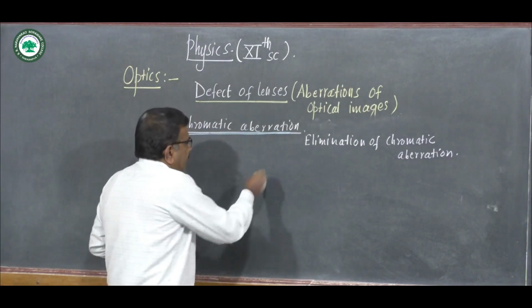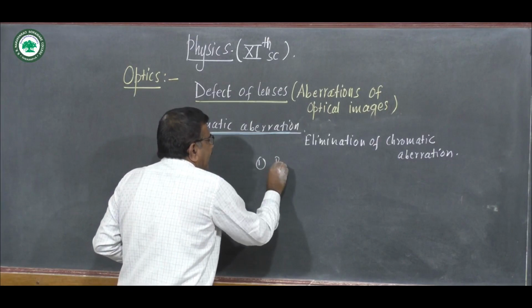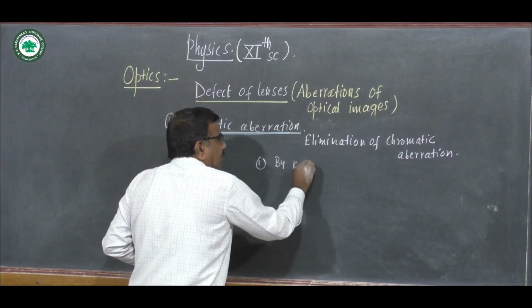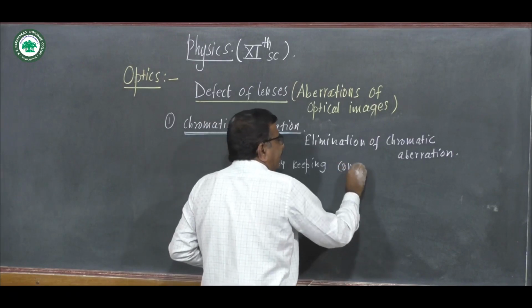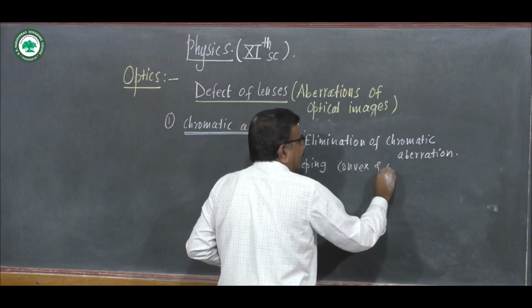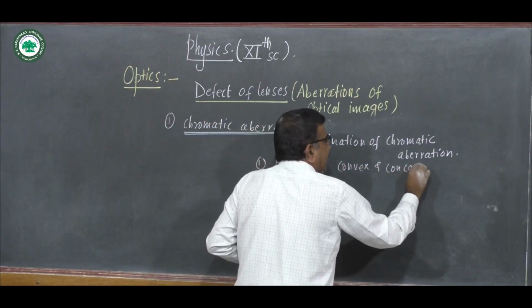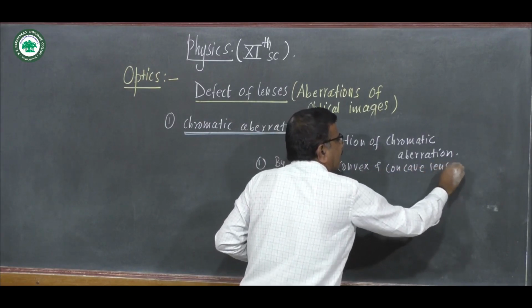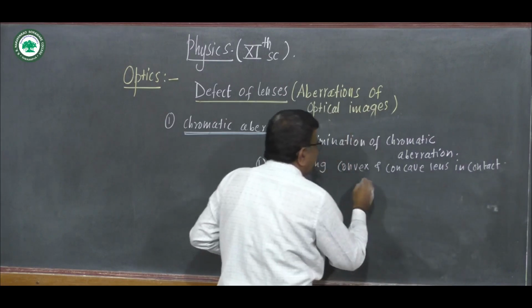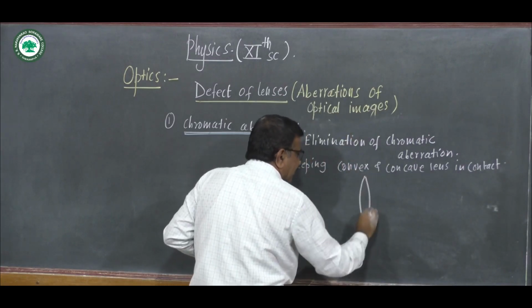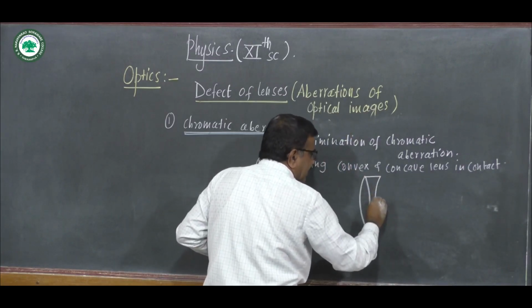It is achieved by keeping a convex and concave lens in contact with each other, like this. This is the convex lens and this is the concave lens.